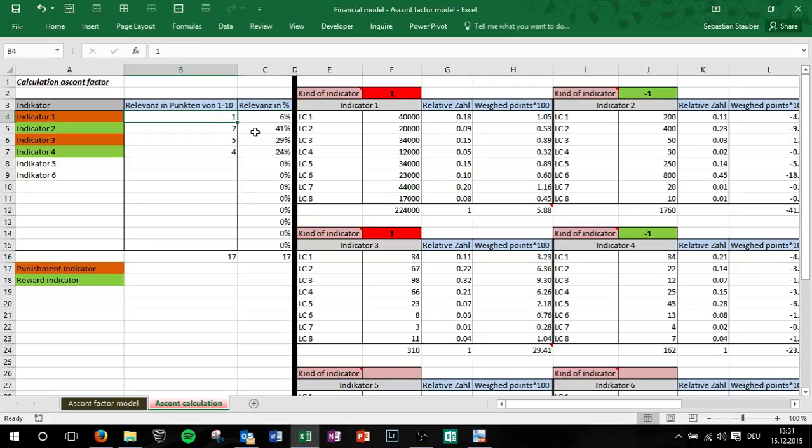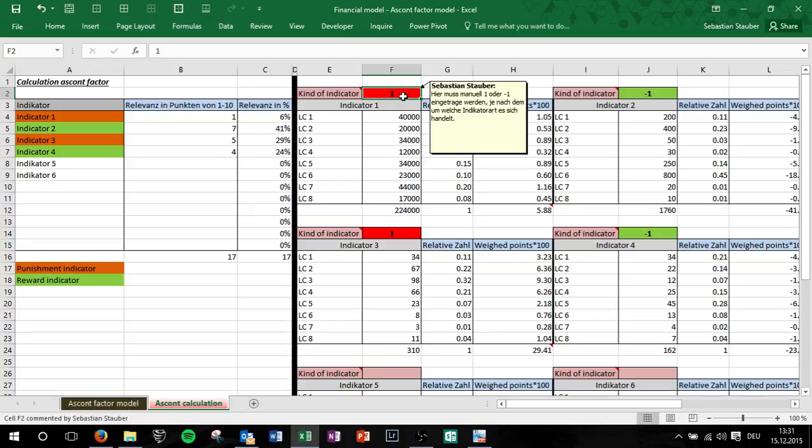So what you need to legislate each year is just the relevance of each point. Now to the calculation of each indicator. For example, you have point 1. Point 1 means it's a punishment indicator because it's plus. Some parts are still in German. When you click below the video, you will find everything in English.